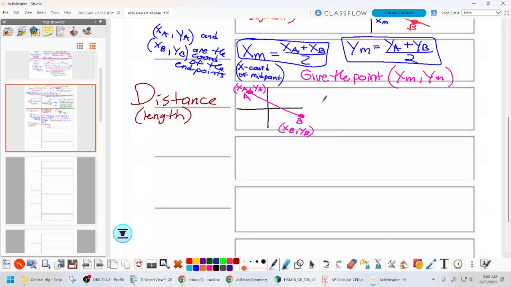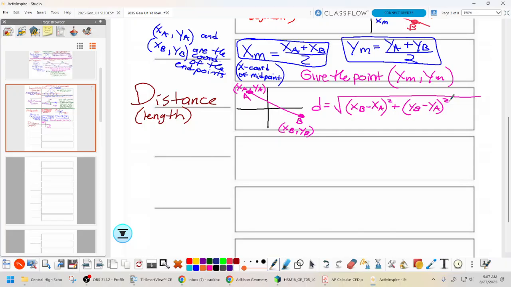So our distance formula, again, it's just going to think through the idea of making this a triangle and using the Pythagorean theorem. Here's how that looks. So subtract your coordinates, square them, add them, square root.